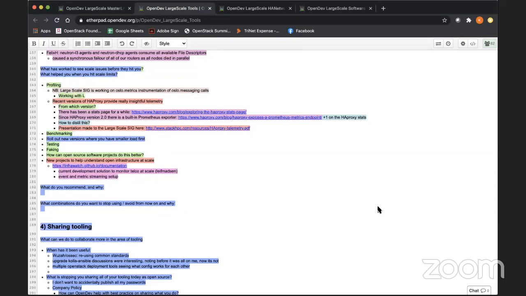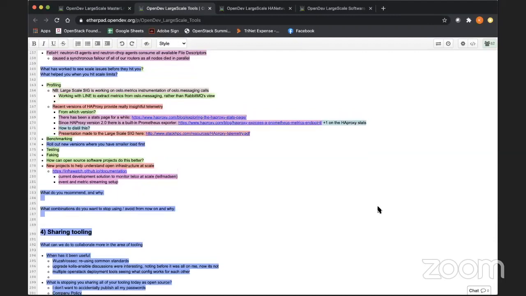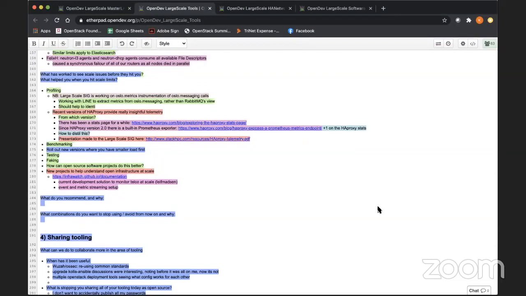So rather than have RabbitMQ's view on what it's receiving, we try to get the OpenStack side view of what we're calling into RabbitMQ and how well that works, because we think that it will help us quantify or identify early the bottlenecks into RabbitMQ, and then drive potential solutions in terms of sharding the types of calls in various RabbitMQ instances.